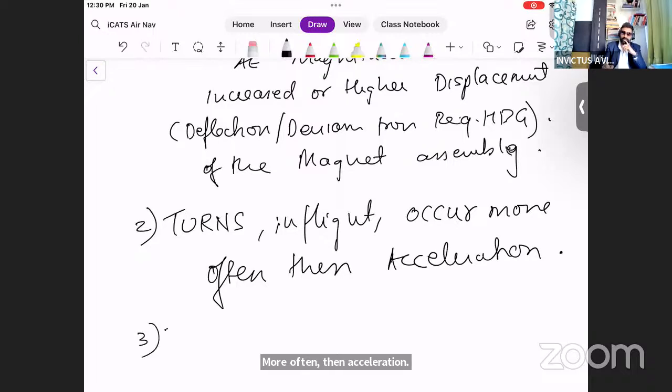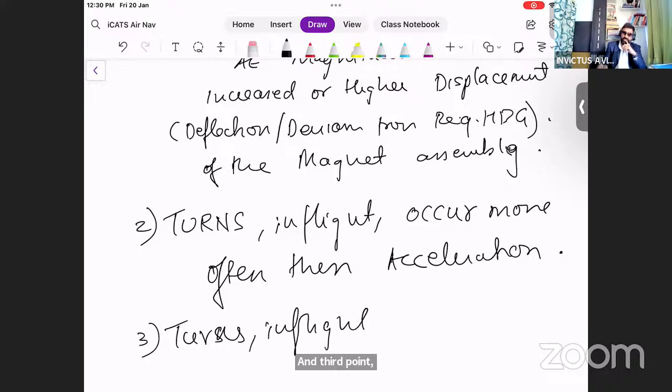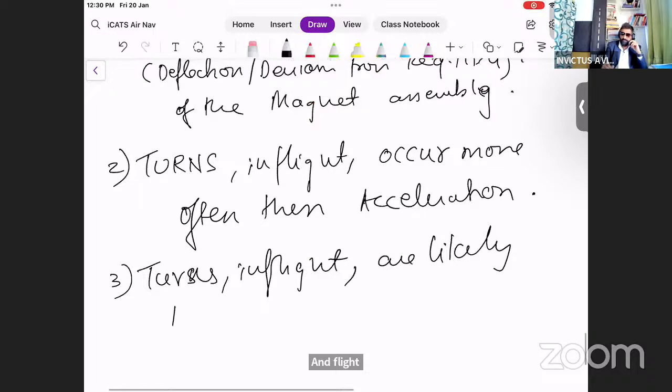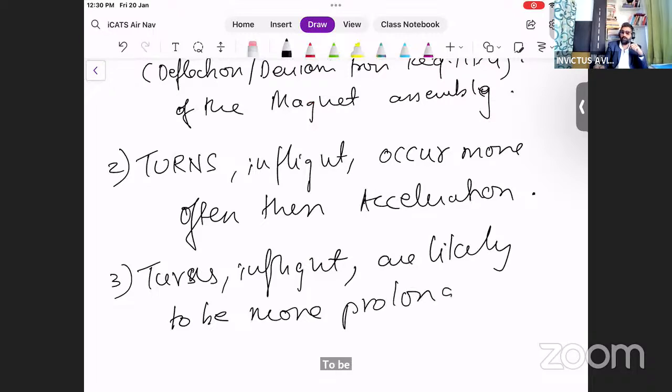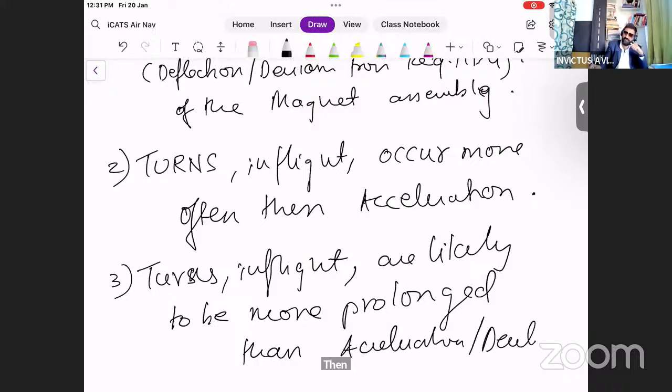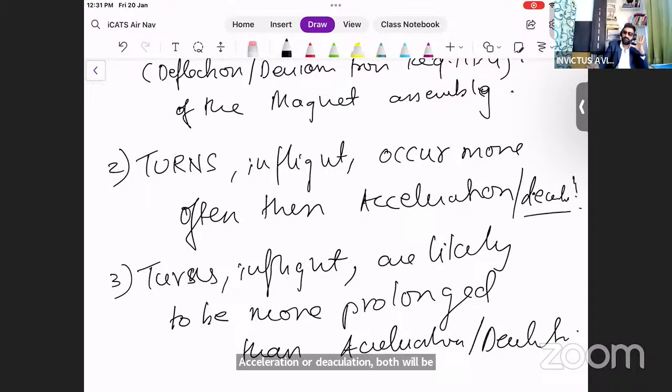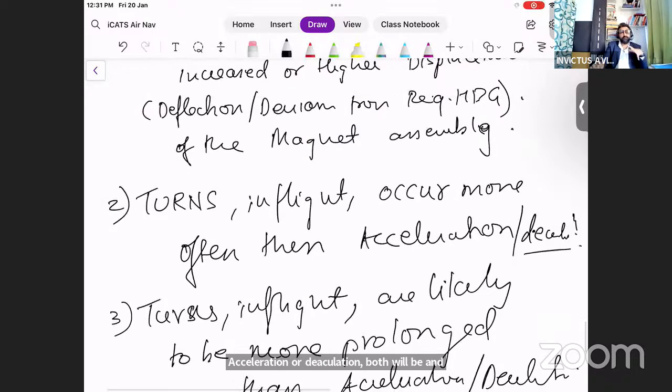And third point, turns in flight are likely to be more prolonged than acceleration or deceleration. Both will be, and these are the reasons why turning errors are more. Okay.